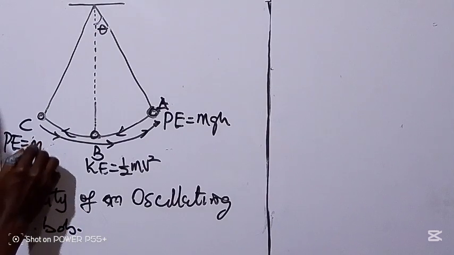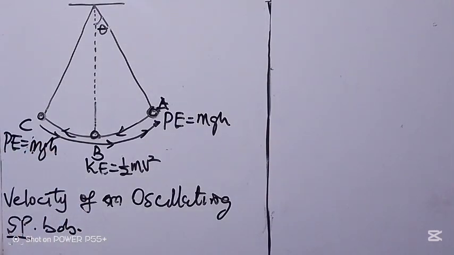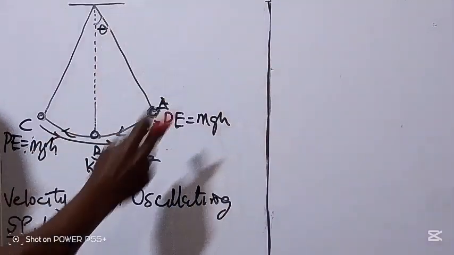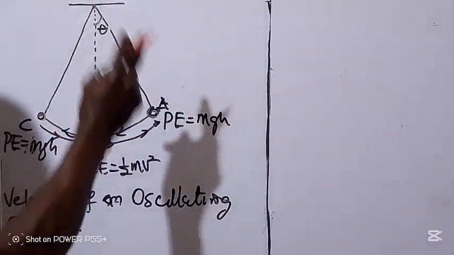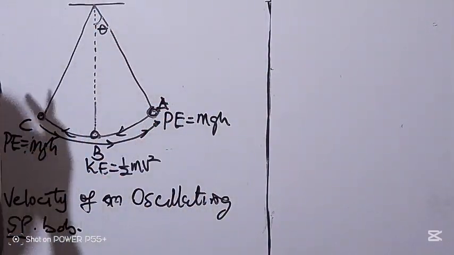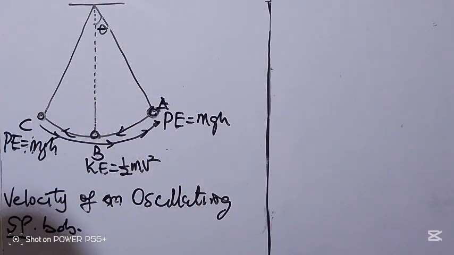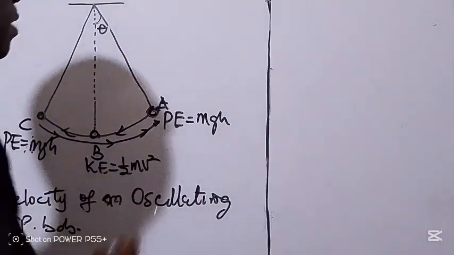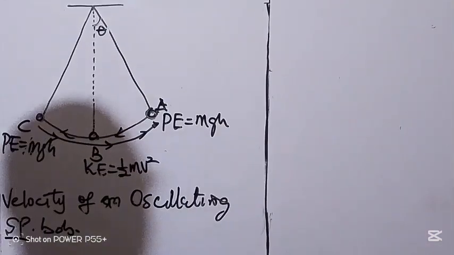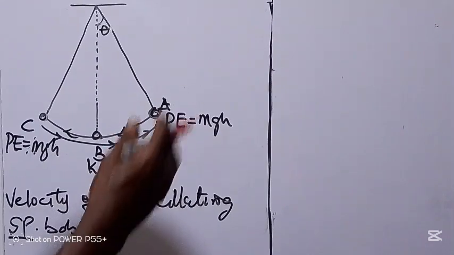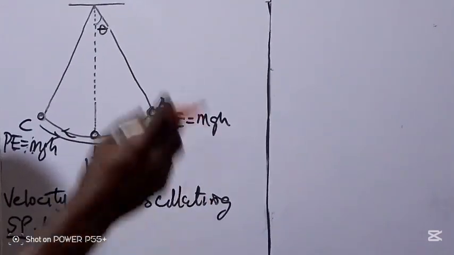So as it oscillates to and fro, potential energy is converted to kinetic energy, and from kinetic energy to potential energy, all along like that. To comply with the law of conservation of energy, we state that energy can be transformed from one form to another, but the total energy remains the same.